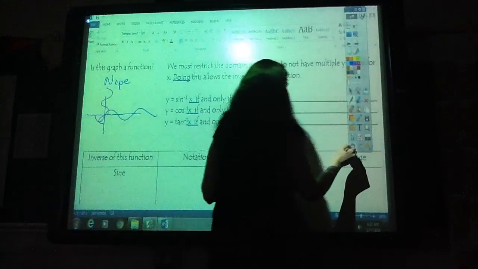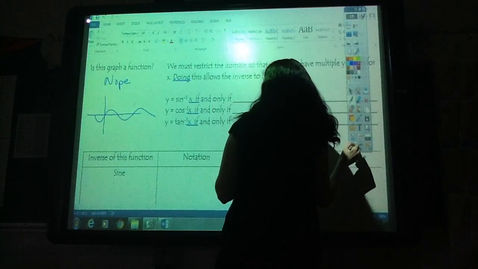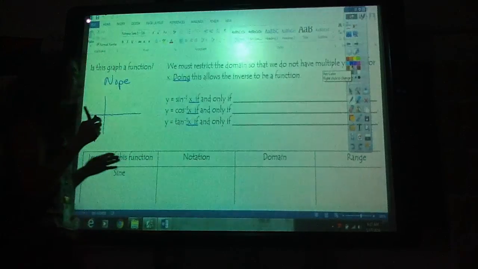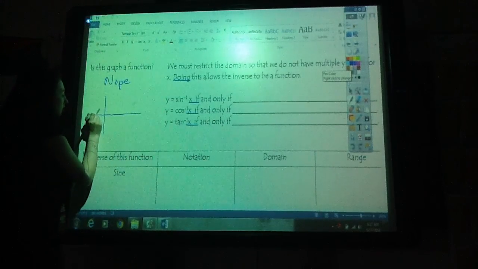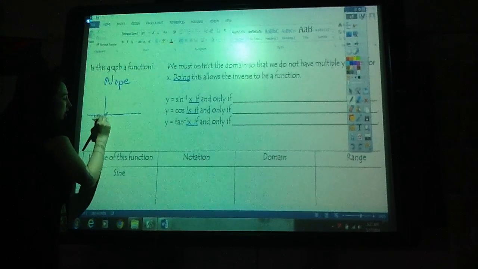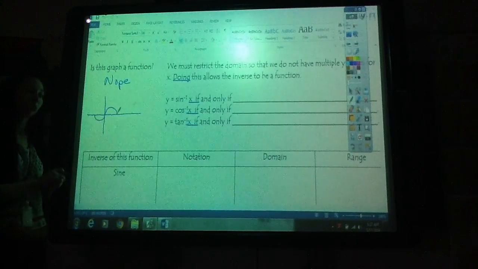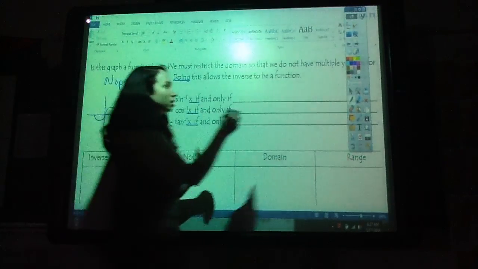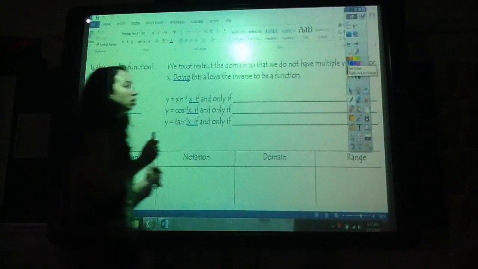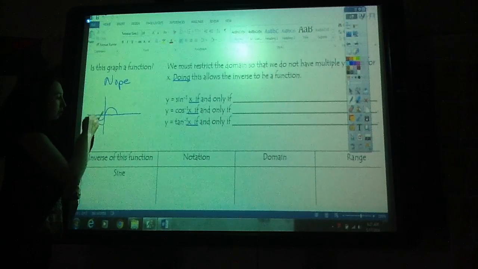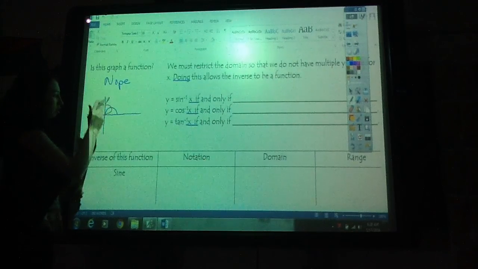So what if I only draw part of sine? And I'm restricting the domain so that it's not going to fall on top of itself. So let's say I go here, and I do just that part. When I reflect this, I should get this piece and this piece.